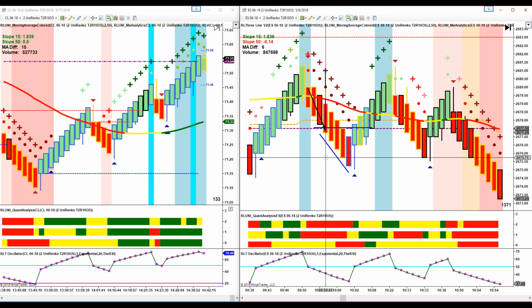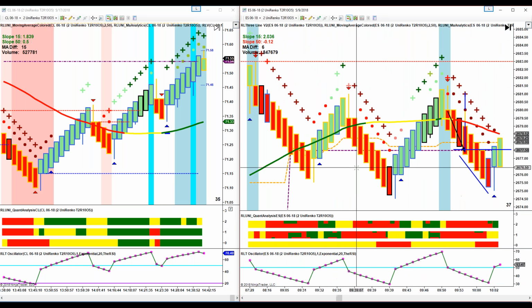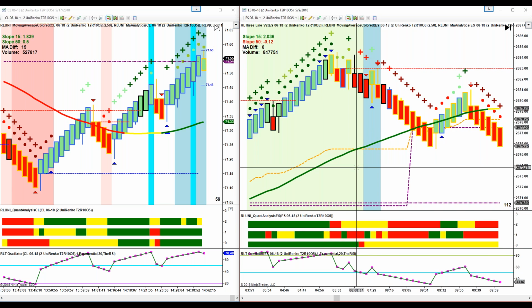You have to make a risk assessment, and that's what the platform does incredibly well. It tells you how risky the trade is on the entry. If it's a very, very conservative trade, it's likely to be a very, very good winner. If you extend yourself out on the risk, you can get really beaten up.